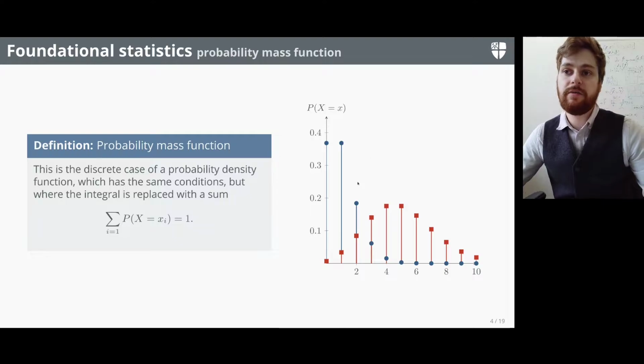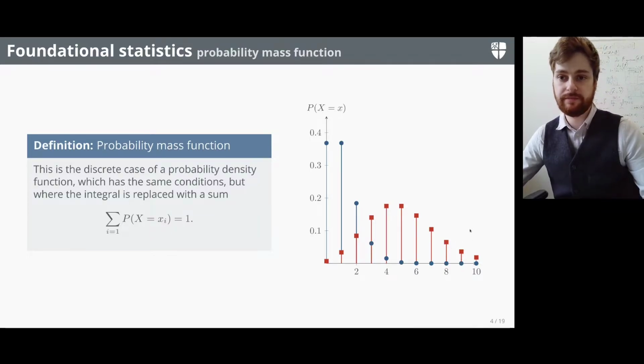So in the figure we have two probability mass functions, each sampled from an underlying Poisson distribution. You can change the parameter lambda, and here we've got two cases, lambda equals 1 and lambda equals 5. If you sum up all of the discrete observations, you'll see that these values all sum to 1. So it's a probability mass function.